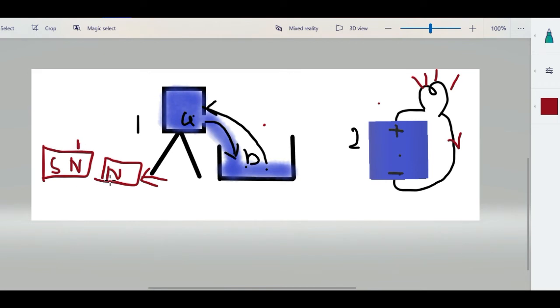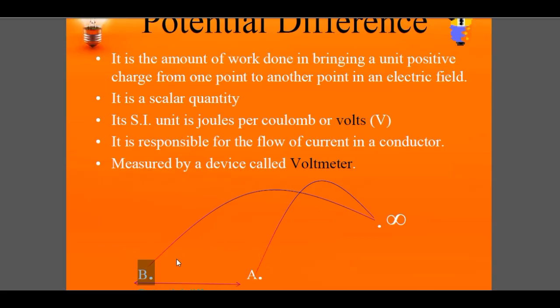But as soon as you release the second magnet, it will move apart. Why? Because both the poles repel each other. Similarly, when we move a charge from A to B, you have to apply force, and when you apply force, the potential becomes high. The level increases.